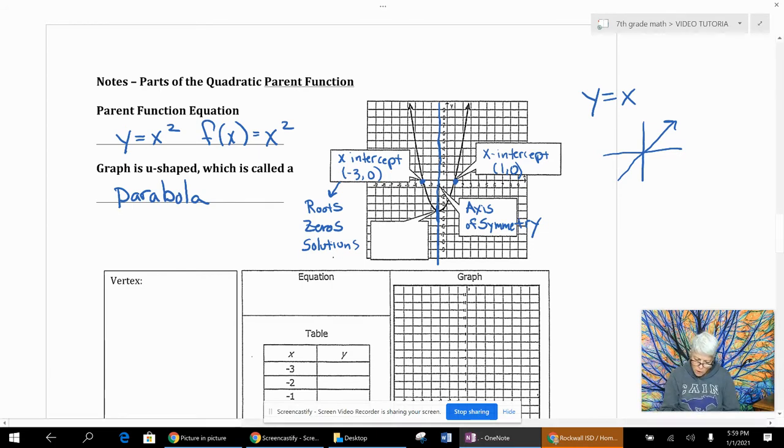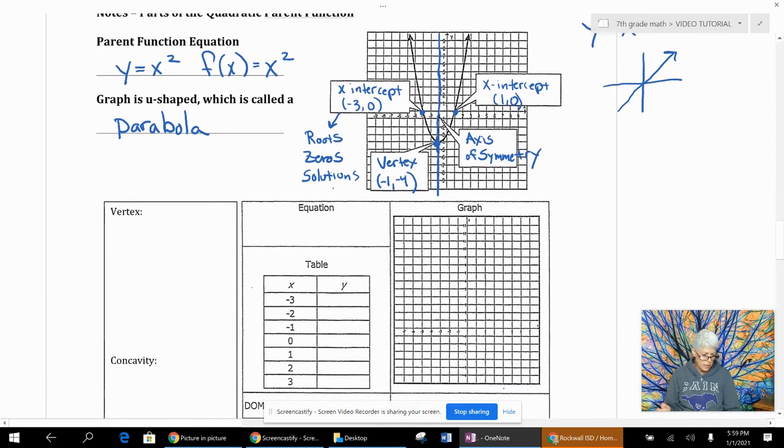And at the very point where the parabola crosses the axis of symmetry, we call that the vertex. So these are all very important vocabulary words I want you to remember. That's why I wrote it all down and I talked about it. There you go.